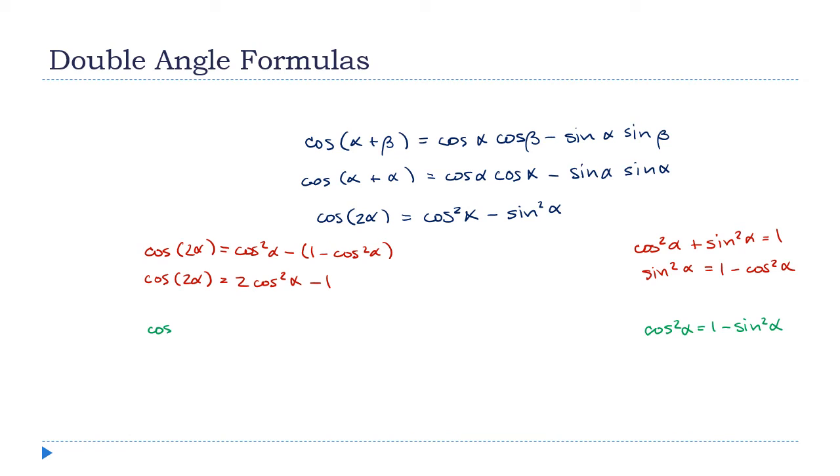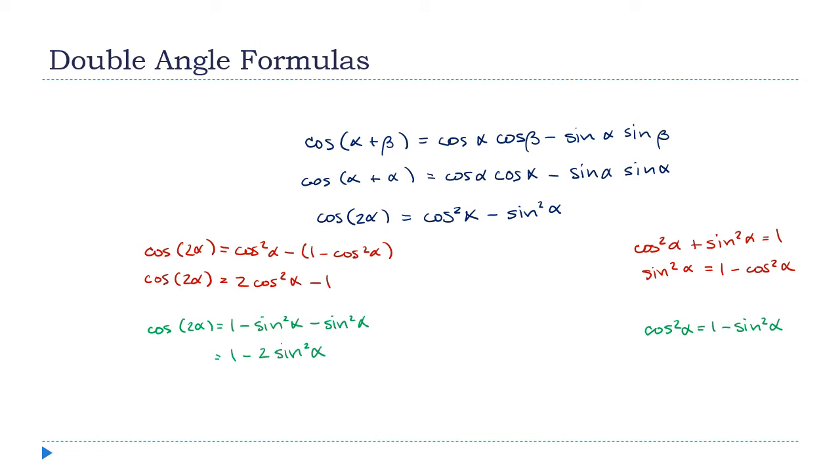Cosine 2 alpha equals 1 minus sine squared minus sine squared. And that is 1 minus 2 sine squared alpha. Just different forms. Sometimes one will be more useful than the other.